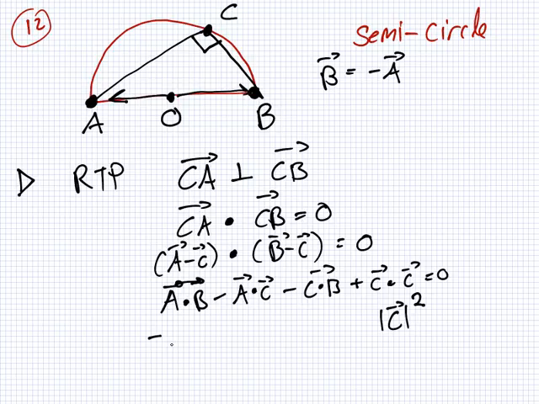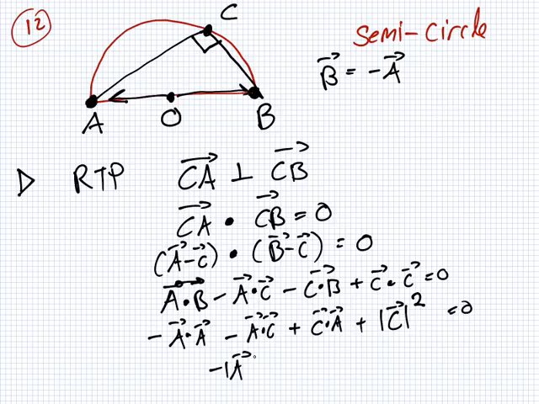So this would be minus A dot A minus A dot C plus C dot A. Now something cancels here. These cancel because A dot C and C dot A are the same with the minus, and this one becomes minus magnitude of A squared plus magnitude of C squared equals 0.